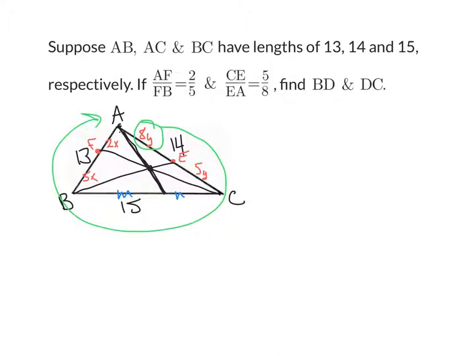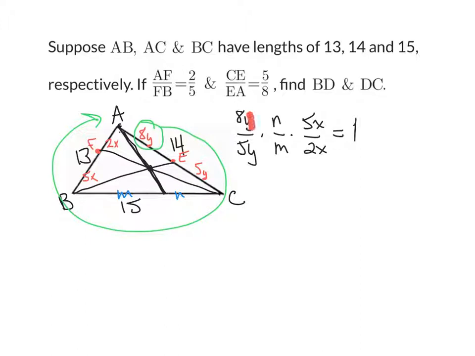So if I start with that 8y, then we'll go to 5y times n over m times 5x over 2x. And the product of all of them will equal 1. Now we can go ahead and just see how this thing plays out.